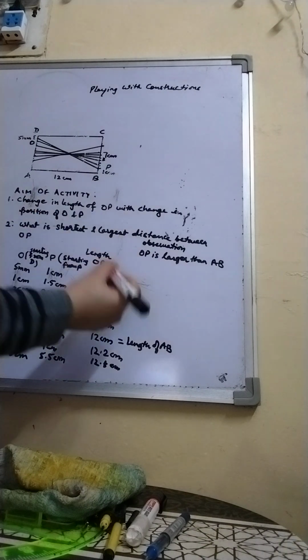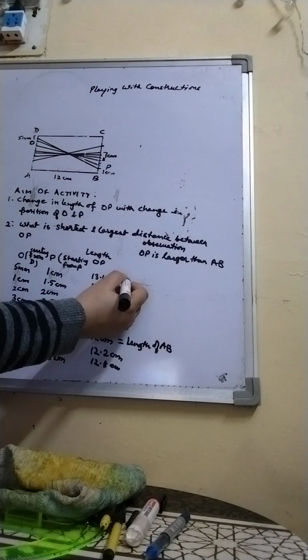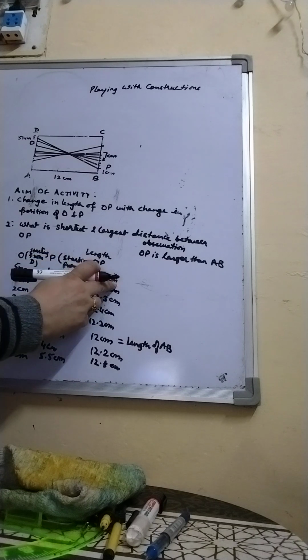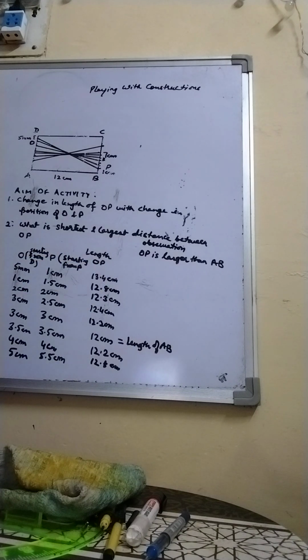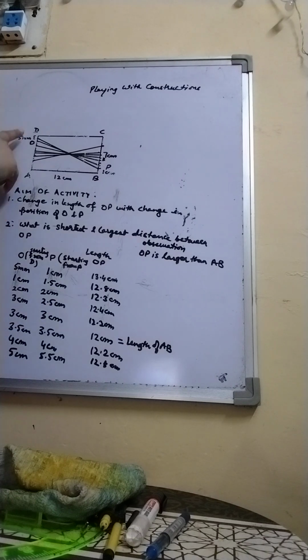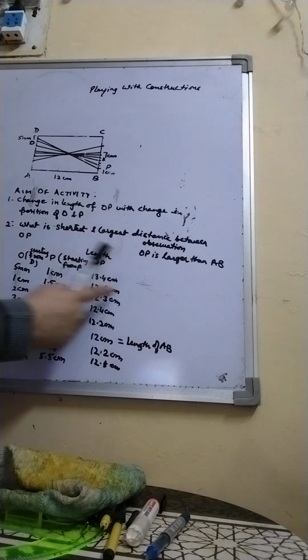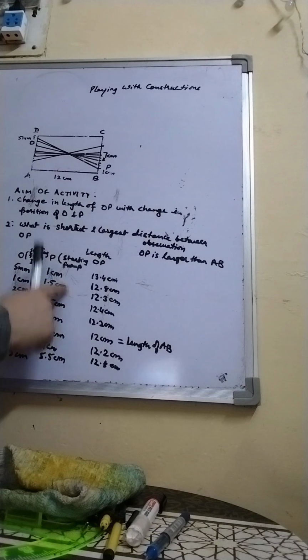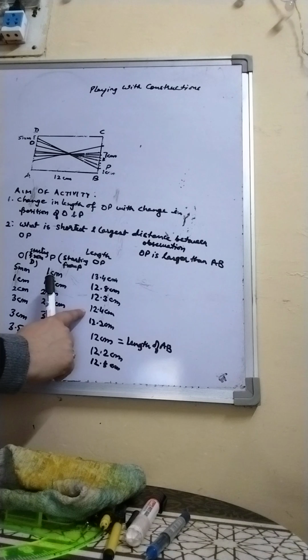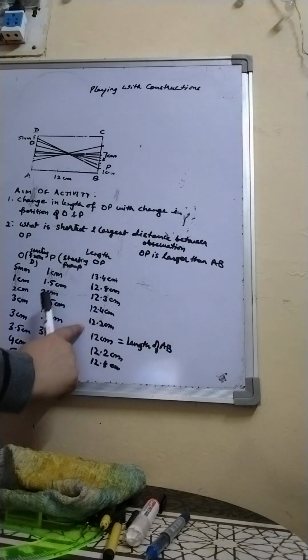Now you can see that first the distance of O was 5 millimeter and P was 1 centimeter. So the distance came out to be 13.4 centimeter. Then it decreased as we increased the position of O from D and the distance of P from B. The length of OP started decreasing.